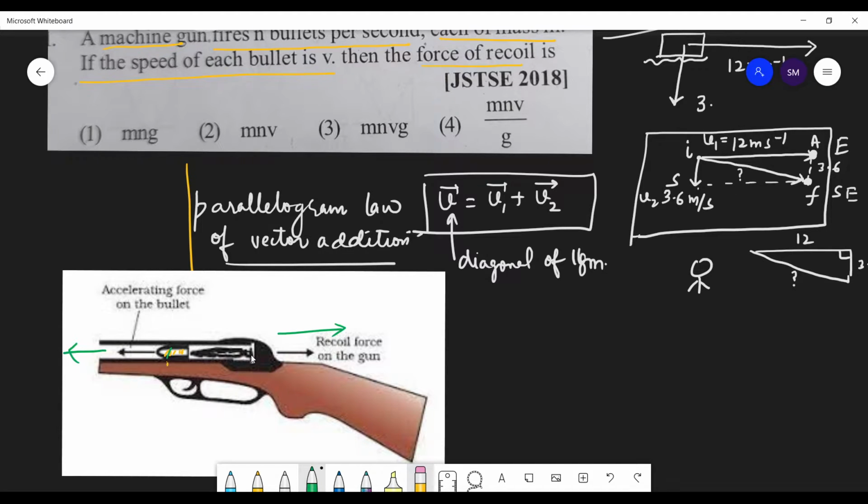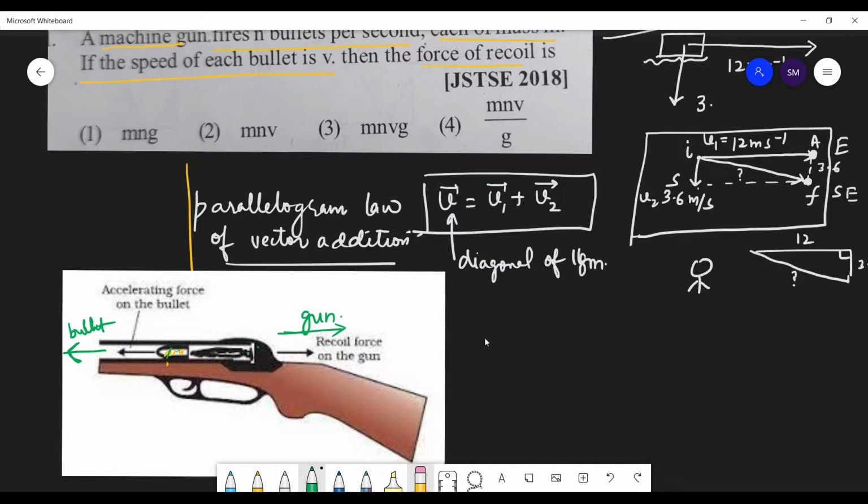Because here the gun is applying force on the bullet, and by Newton's third law, the bullet will also apply force on the gun. That is why the gun will move in this direction. If the bullet moves in this direction, then the gun will recoil in this direction, so the gun will move back.